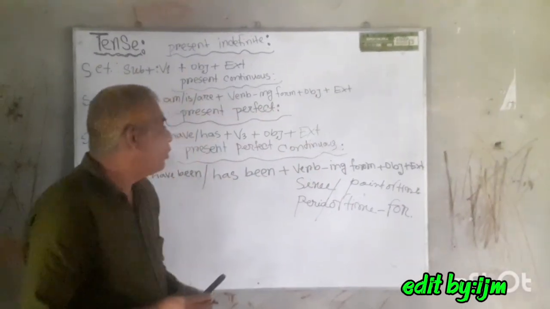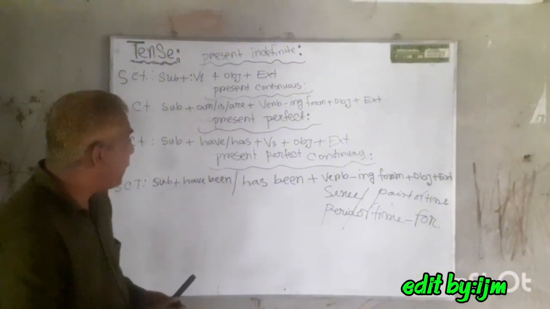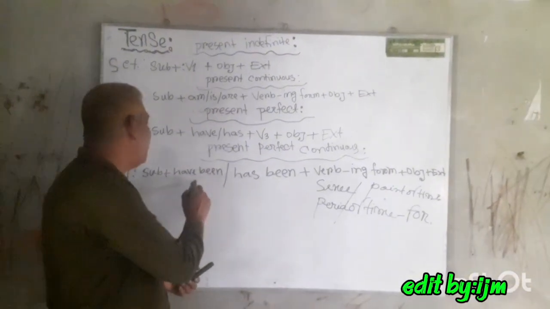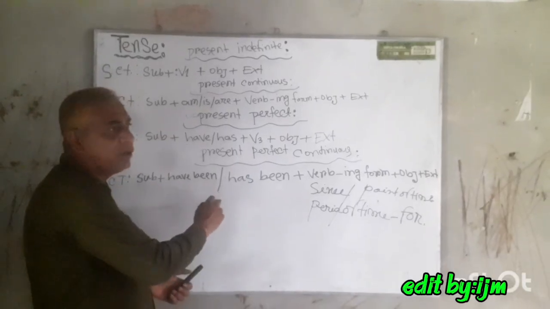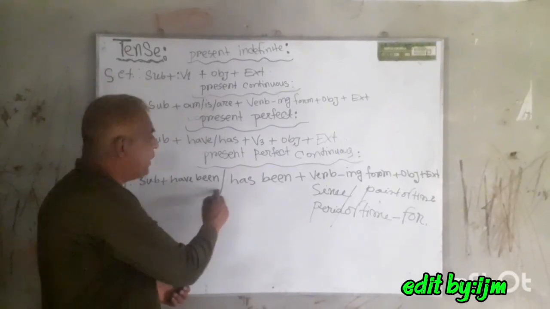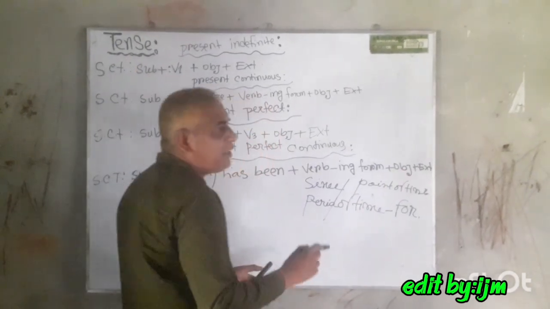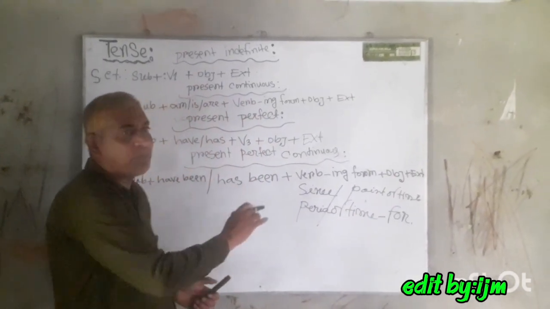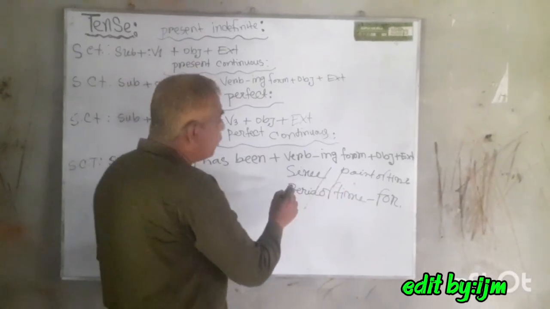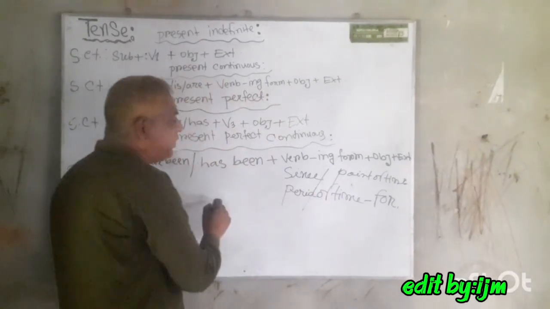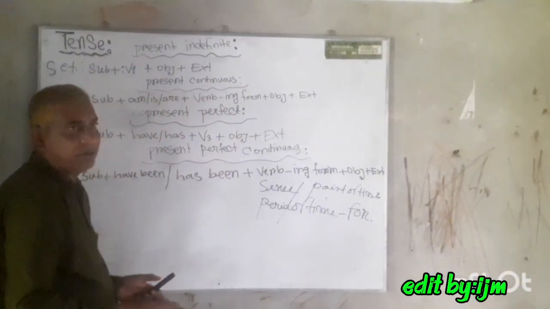So we learn the structure of present perfect continuous tense. Its structure is subject plus helping verb, সাহায্যকারী verb, have been or has been, plus verb এর সাথে ing, plus object plus extension. So when the tense is used with point of time, we use since, and when it is used with period of time, we use for.